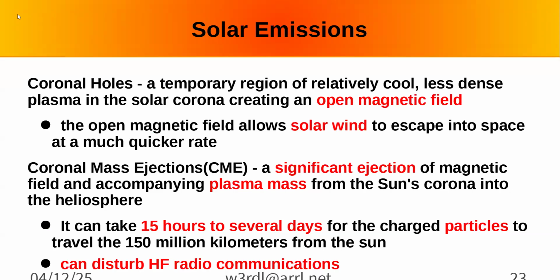And then you have coronal mass ejections, where you're actually ejecting mass in the form of plasma, which is basically highly ionized material, where you've put in enough energy that you're actually ionizing it, separating the electrons from the atoms themselves.